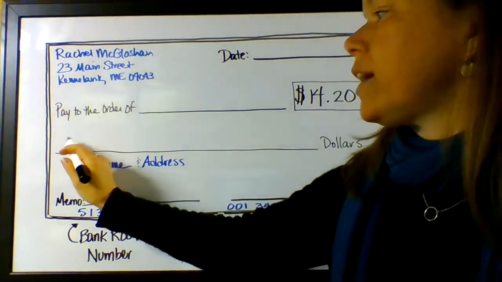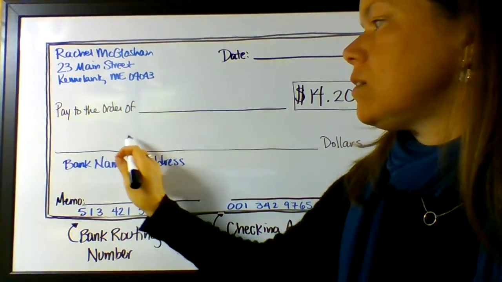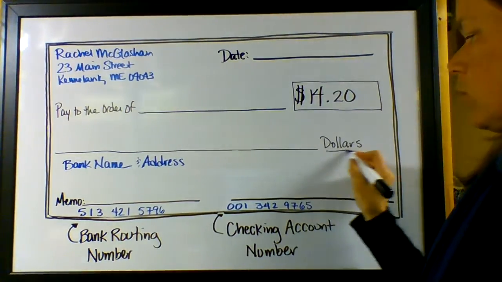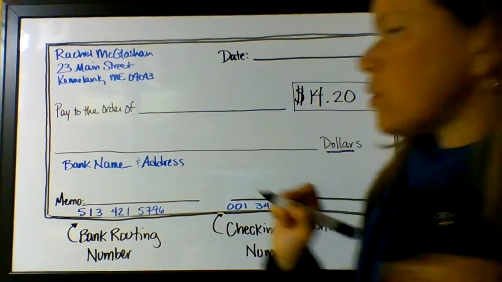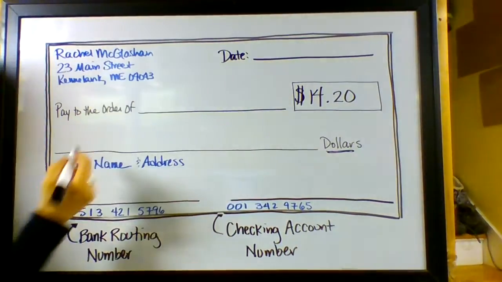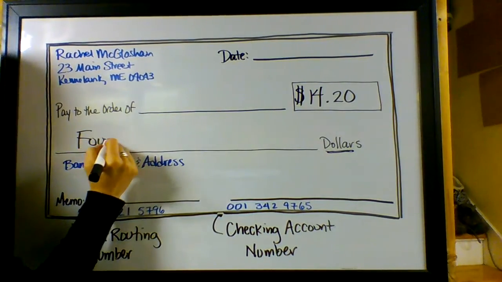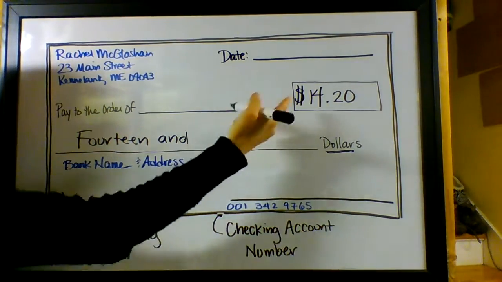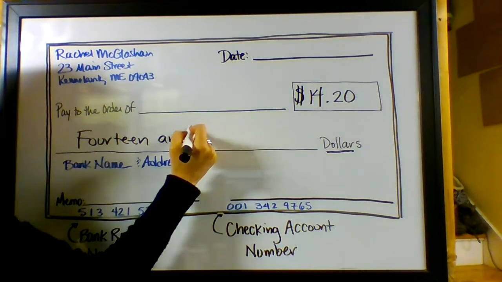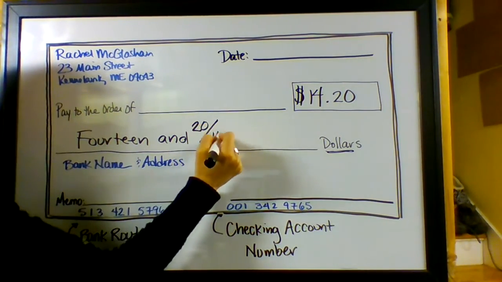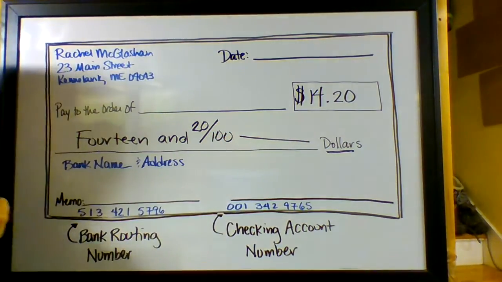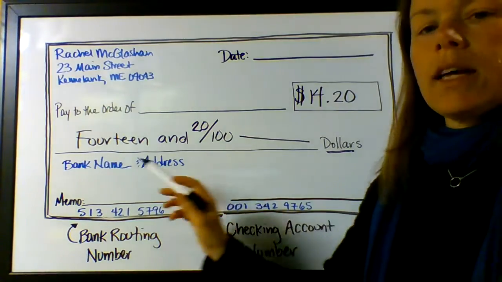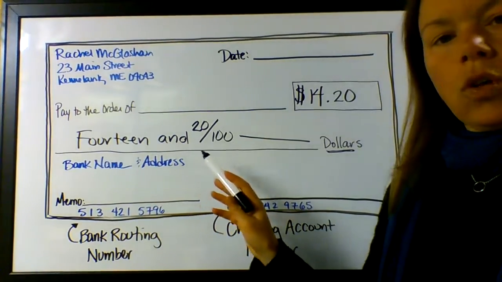So I would write the words fourteen, but you don't actually write the word dollars because dollars comes there. So I would write fourteen and I had 20 cents. And now I make this as a fraction, 20 over 100. And then you make a line all the way to the end.